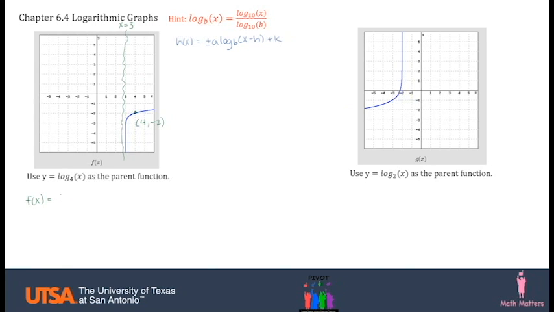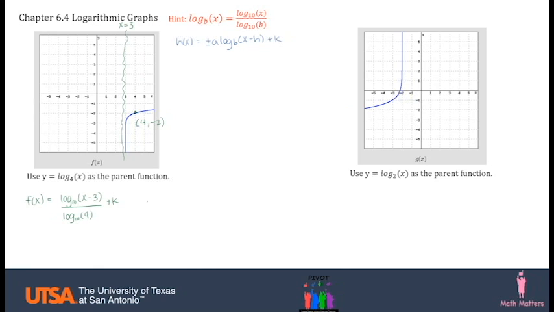So we have log base 10 of x minus 3 because of our x equals 3 vertical asymptote. And then all of this over log base 10 of 4, because if log base 4 of x was our parent function, then we can just use this up here to rewrite the equation. And then we have our plus k.